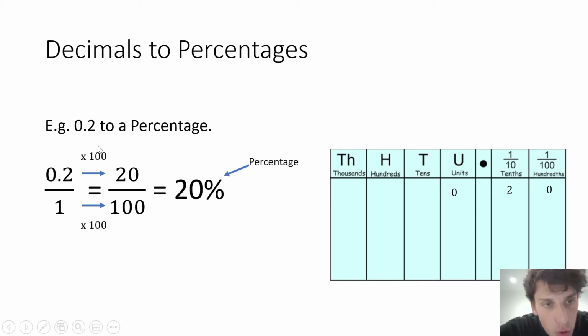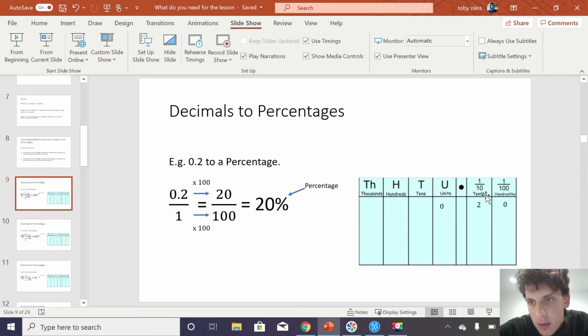Now, I'm going to show you quickly how you could work out what 0.2 times 100 is, because you might be slightly confused. If you look here, we have our place value grid. At the moment, this is 0.20. Now, if you want to times by 100, you need to move everything 2 places to the left.